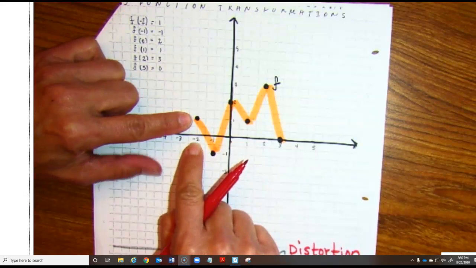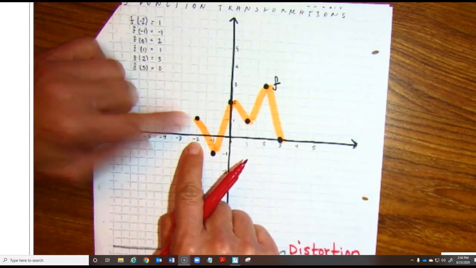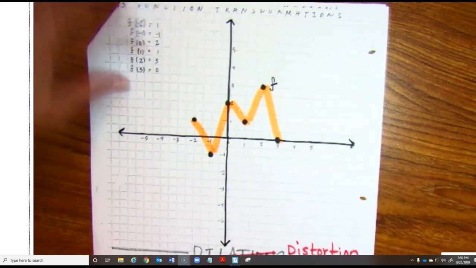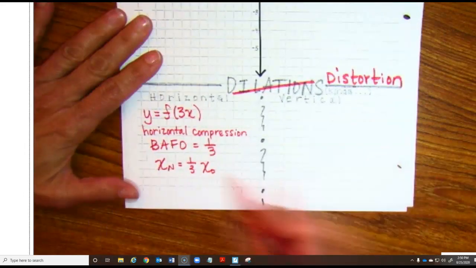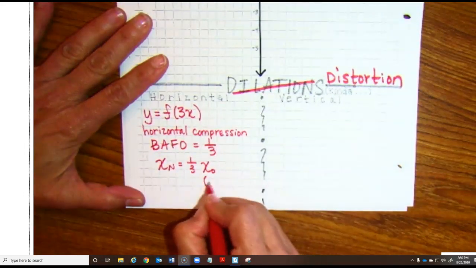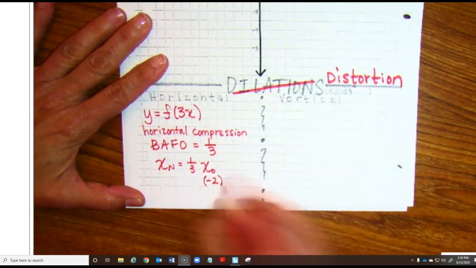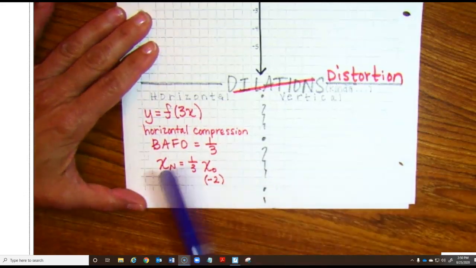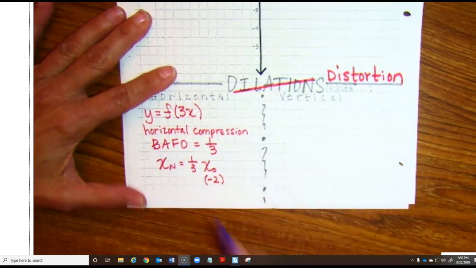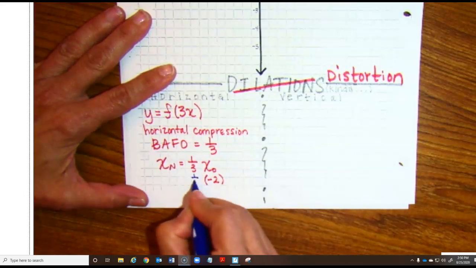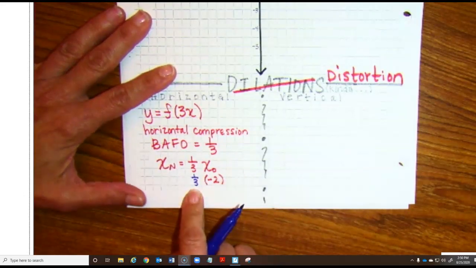Here we have a -2. So if I have this -2, I'll show my work at the bottom. The original x was a -2. But remember our new terminology, BAFO. So what's really happening is that -2 is being multiplied by a factor of 1/3.